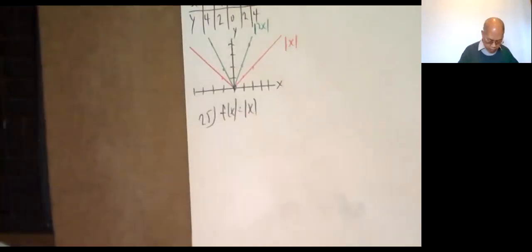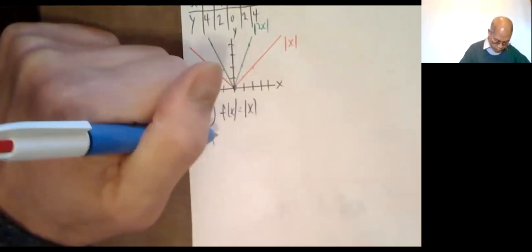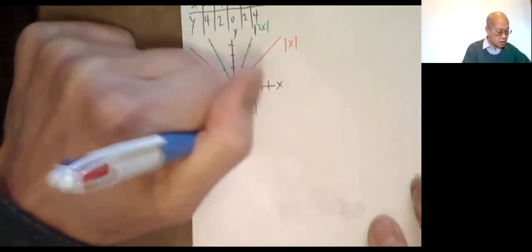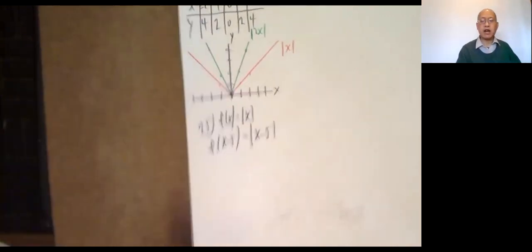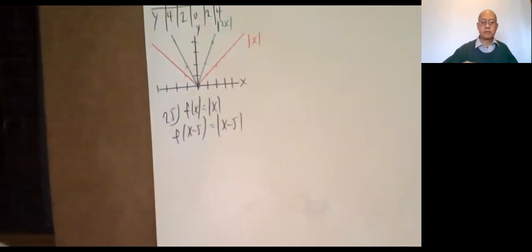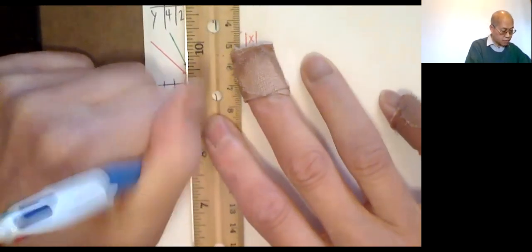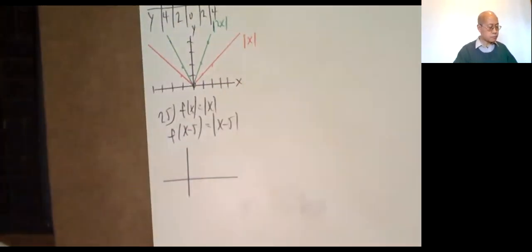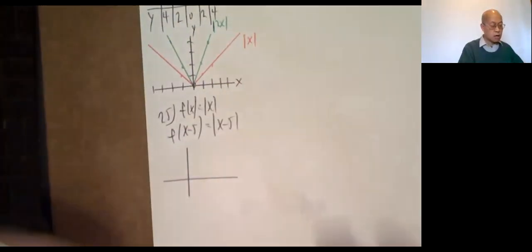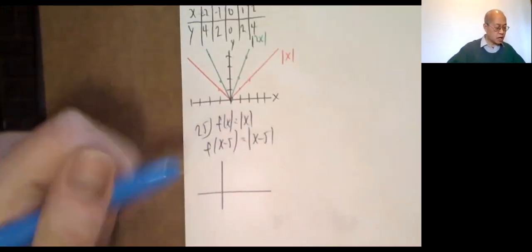f of x is absolute value of x. You want f of x minus 5, or absolute value of x minus 5. Just a crude graph is all I need. I start with my absolute value function, V shape.